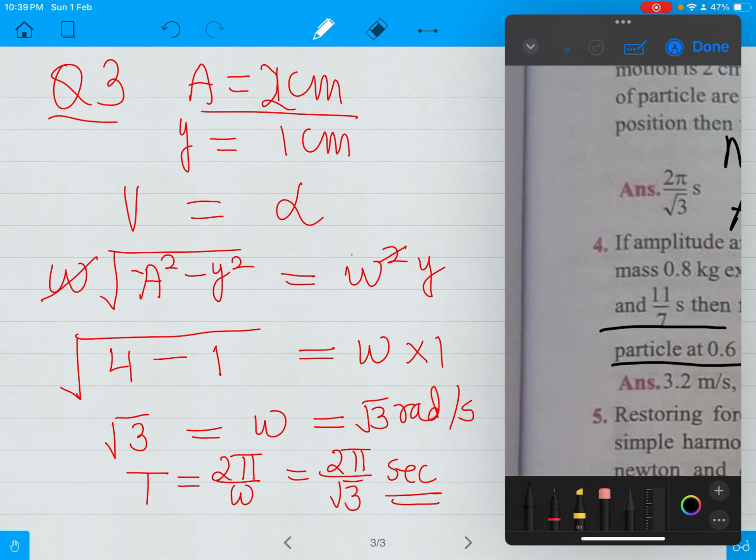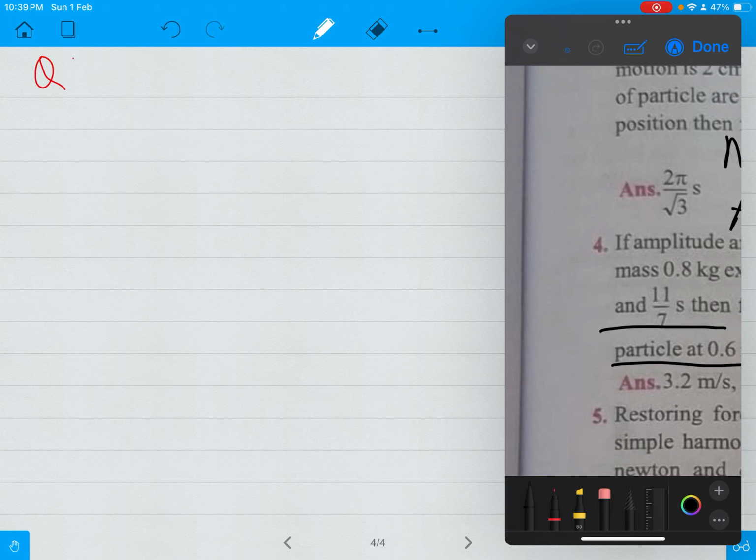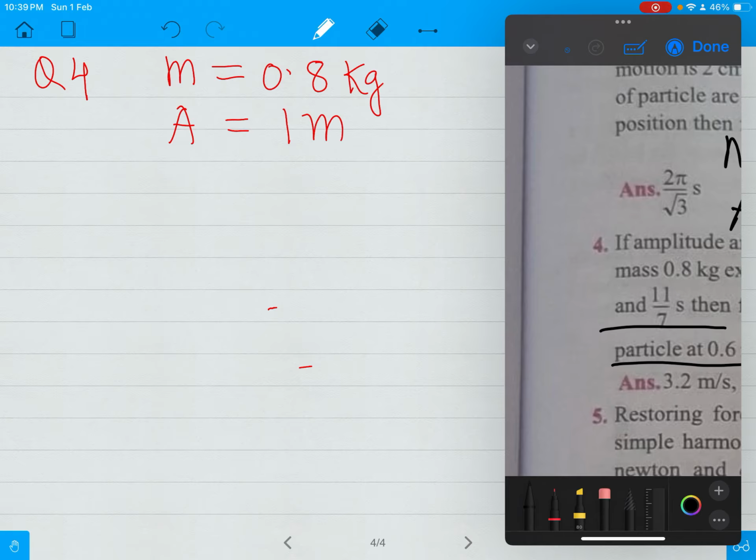Question number 4. Here it is given, mass is 0.8 kg. First you write down all the things which are given in the question. Amplitude is given 1 meter.